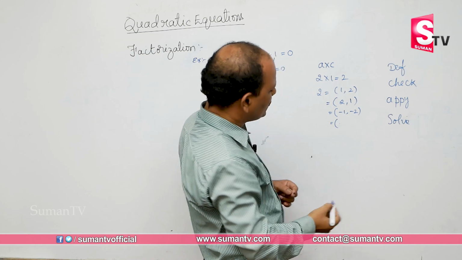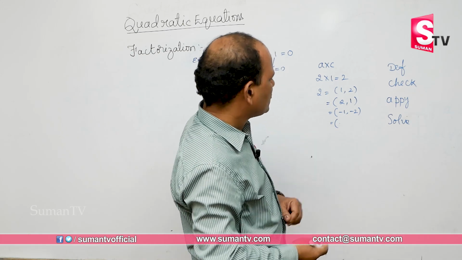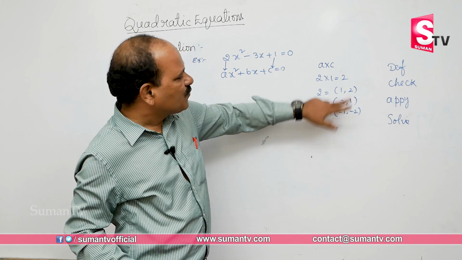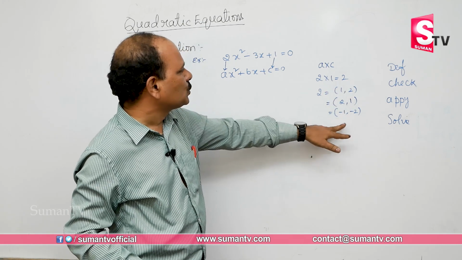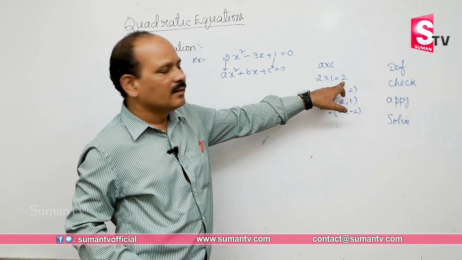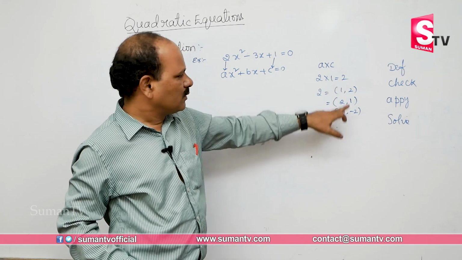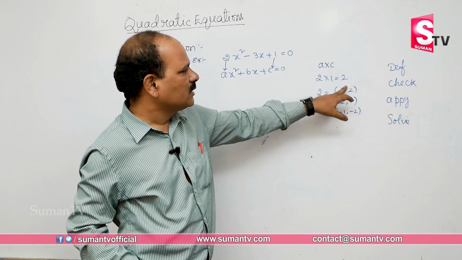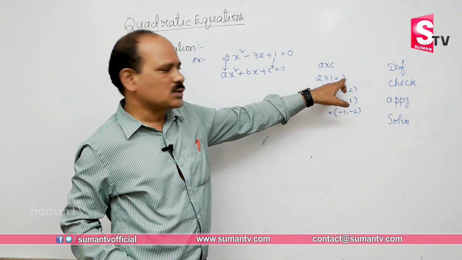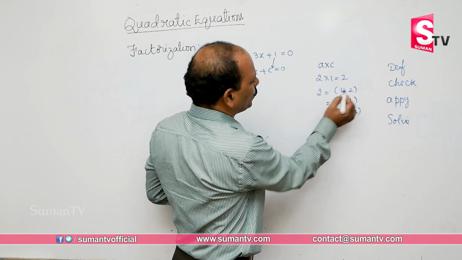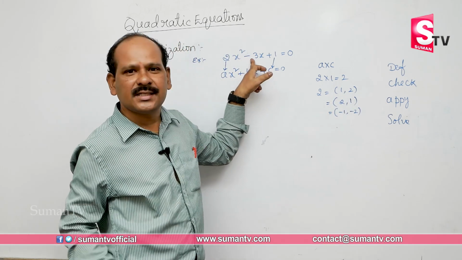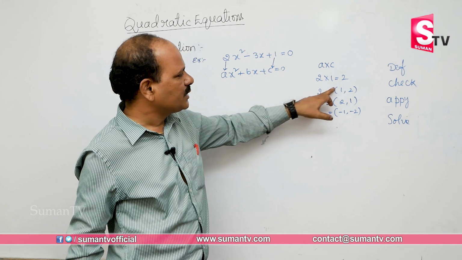This is enough. Which factors should I select that meet the requirement of the product 2? 1 into 2 gives 2, but here the middle term is minus 3, so it is not suitable.